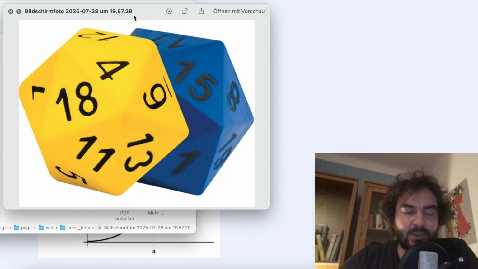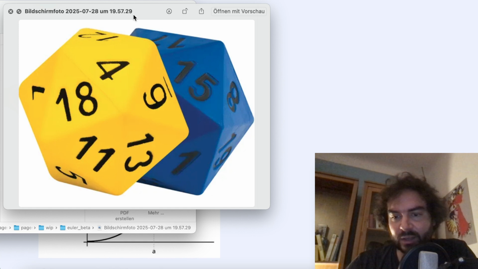And as it turns out, the most probable thing you will get from this process is actually 20, because 20 has the least competitors. If you roll a 20, then this will not be changed anymore, whereas if you roll a 17, it might be outcompeted by the second dice. And so in this case, 20 is actually the mode, the most likely thing.